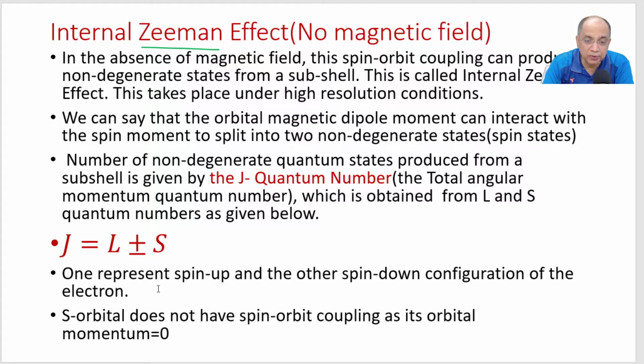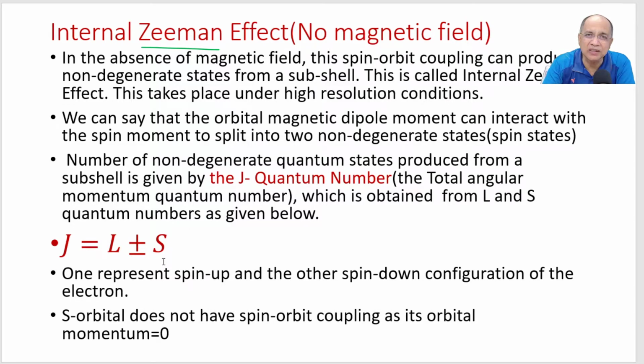I have given you a simple relation for how to find the J quantum numbers that will ultimately interact later, when we talk about Zeeman, with the magnetic field, or it will give you how many quantum states it generates even without an external magnetic field. Only due to LS coupling it produces two states, L plus or minus S. S is the total spin.